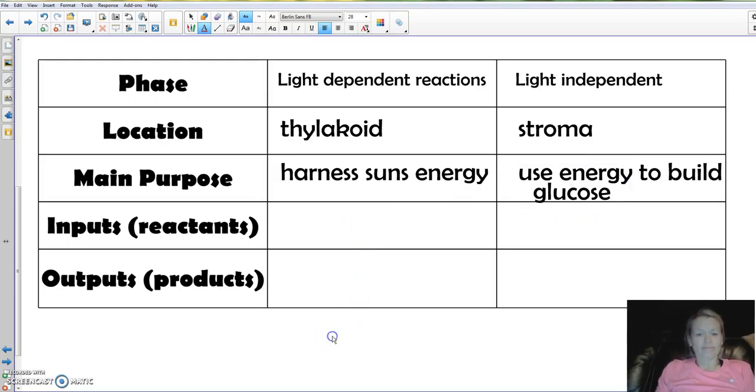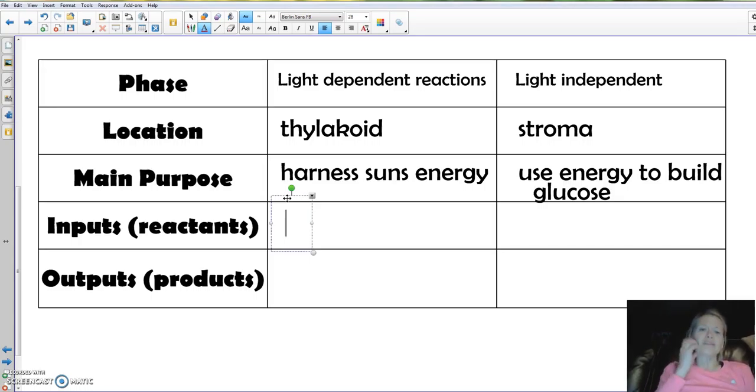Okay, so we're going to use all of that ATP and NADPH to build glucose out of carbon dioxide.